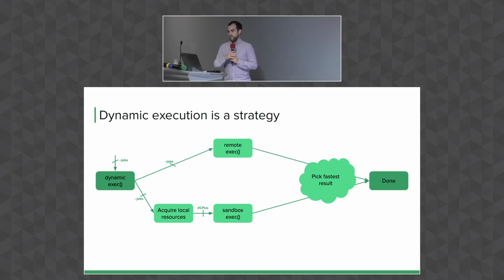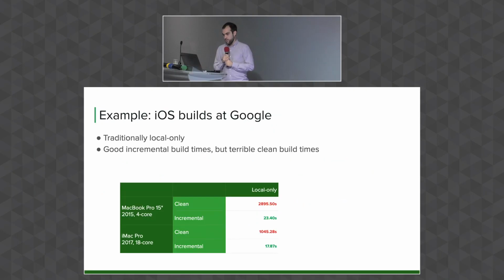Okay, so conceptually, that's pretty much everything that there is to know. How does this work in practice? For that example, I'll focus on the use case we've been working on, which is essentially iOS builds at Google. And those have traditionally been local only. For a long time, they didn't have access to remote execution for various reasons.